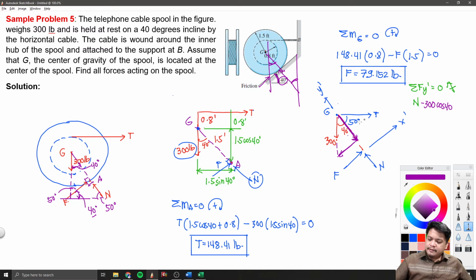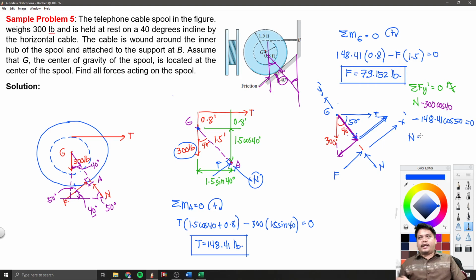And then, ito, yung component naman ng blue, yung T natin, pababa rin. Tapos you have here this one, no? So you will be having here minus yung T natin is 148.41. This time that is cosine of 50. Okay? So wala ka ng ibang forces, so we will be having here equal to 0.